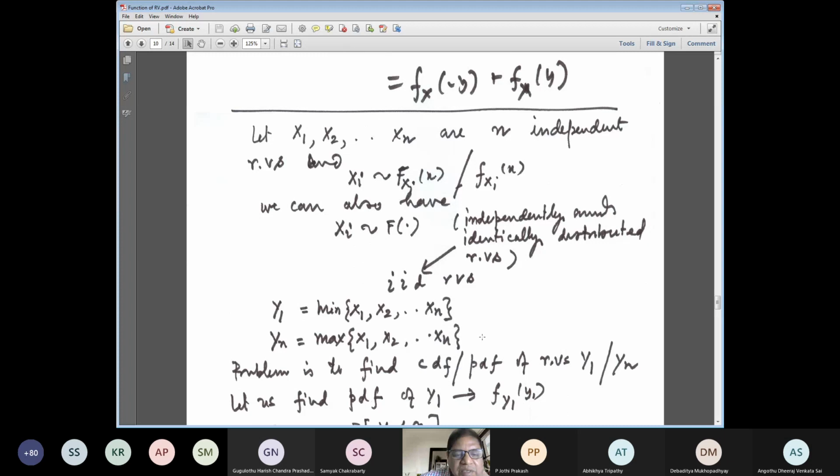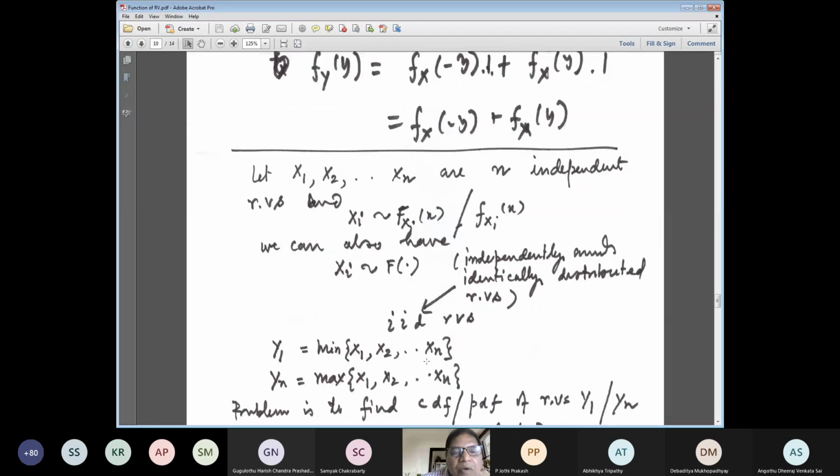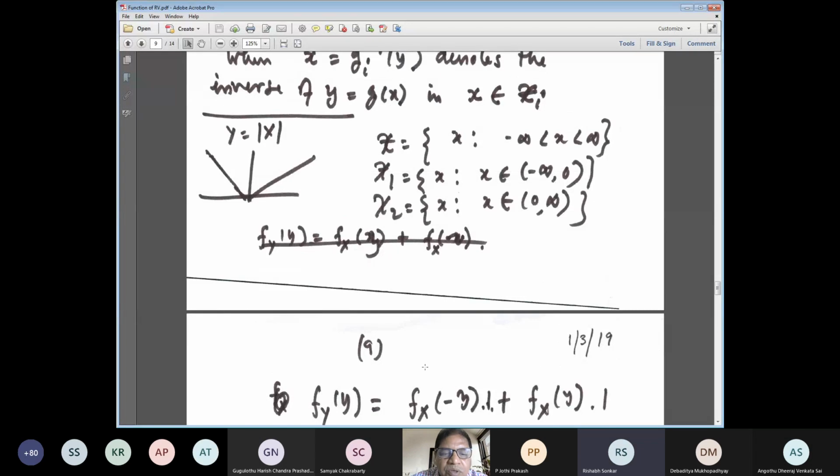Sir, I have one question. For the equality case, what will we consider, decreasing function or increasing function? Like minus infinity to 0 and 0 to infinity, what will we consider for 0?